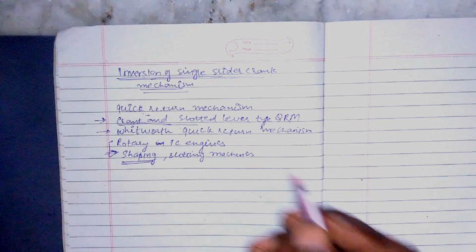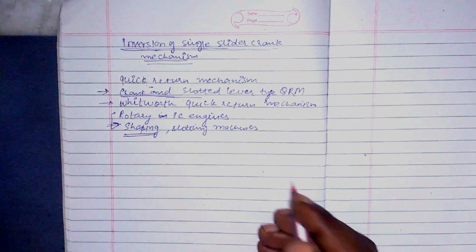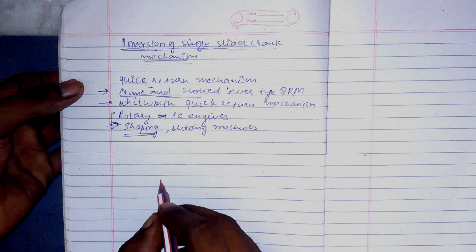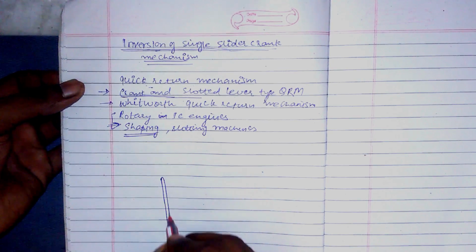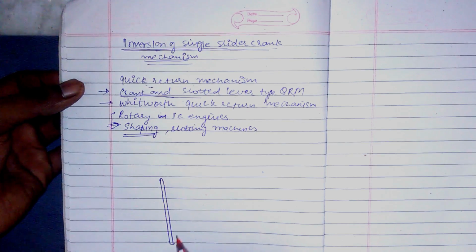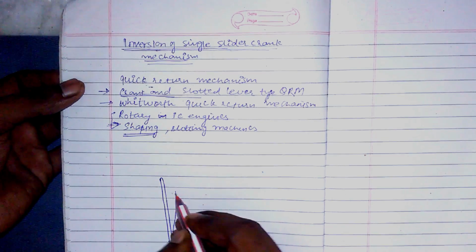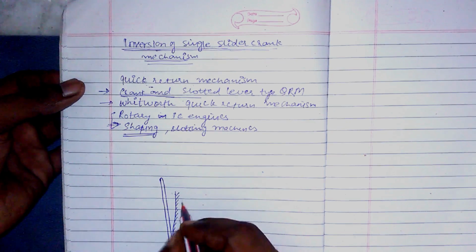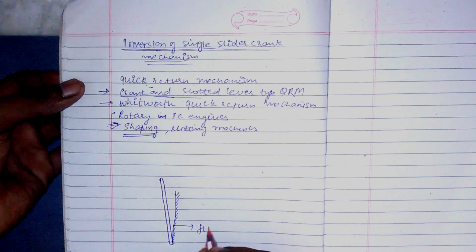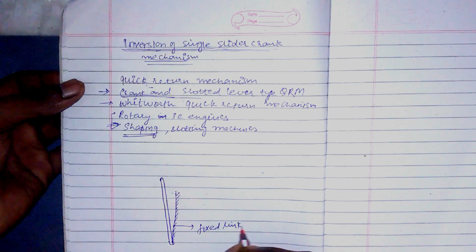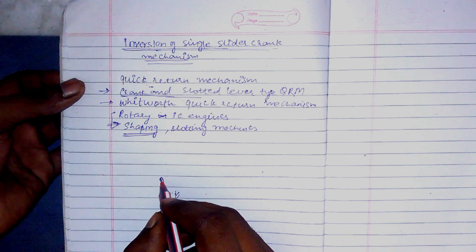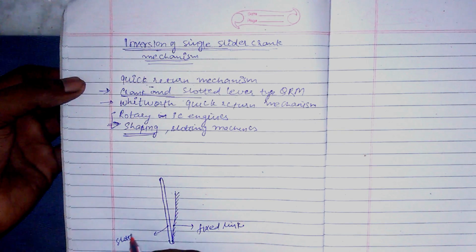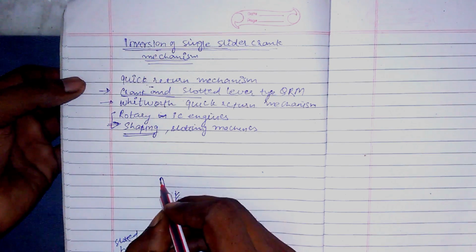So first of all, let us draw its diagram. This one is the fixed link, and this one is the slotted bar.